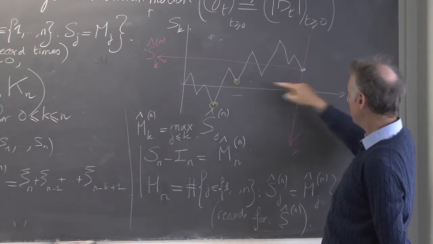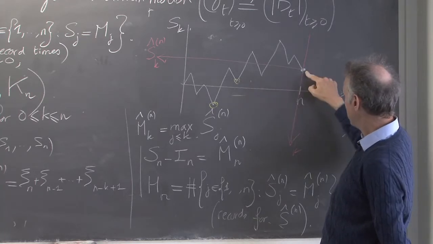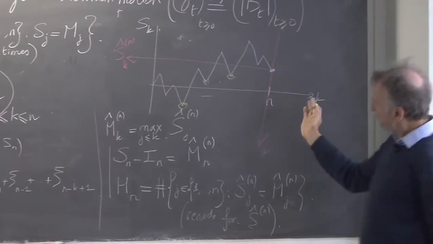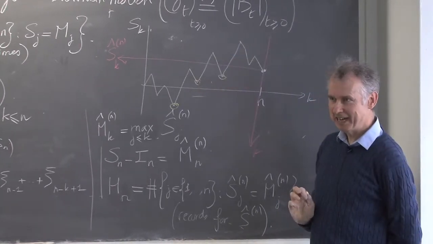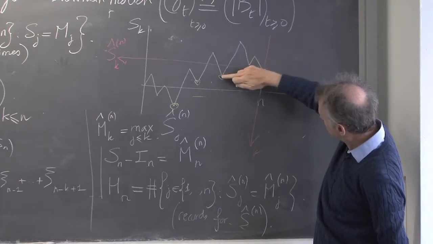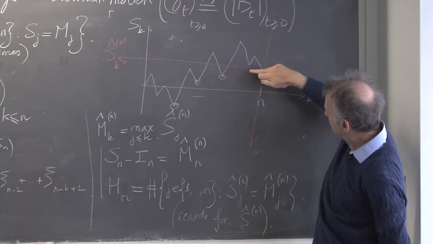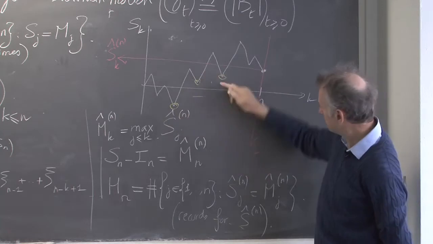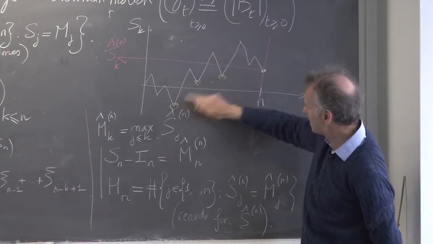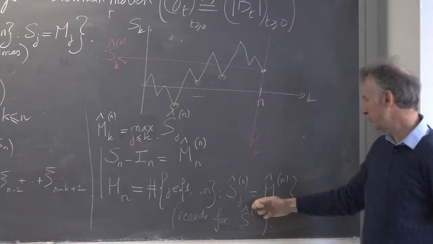You are equal to the minimum between this time and n. This time also works. Okay? Now if you turn the picture upside down, you see that in the red system of coordinates, these are times where the random walk is equal to its past maximum. Okay? You look in the other way around, these are the times of records. Okay? So you get this.